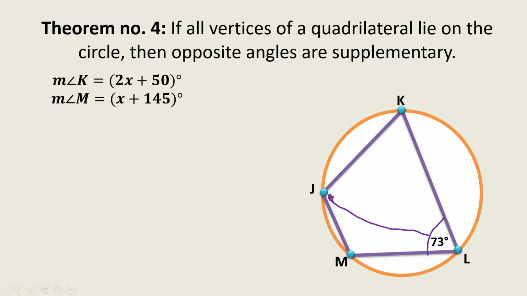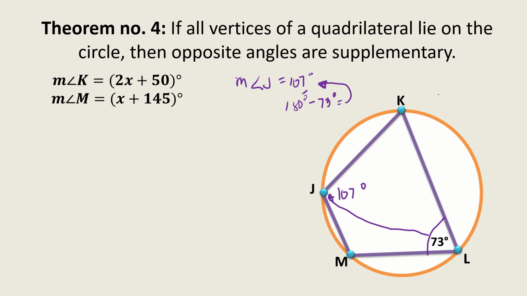So, 180 minus 73. So, angle J is 107 degrees. So, again, the measure of angle J is 107 degrees. Saan nang galing yun? Again, galing si 107 sa 180 degrees minus 73 degrees. Okay po.